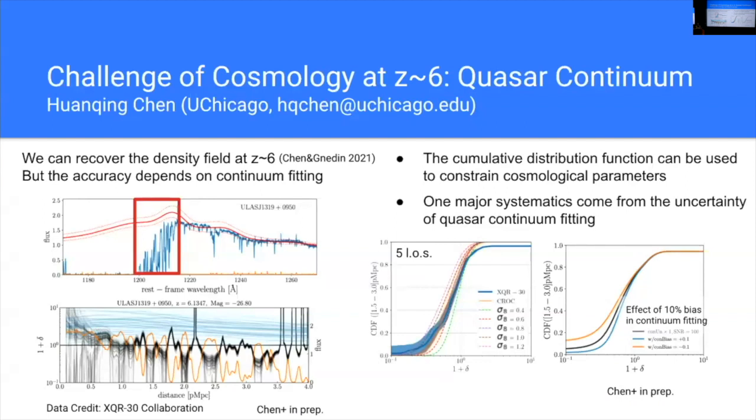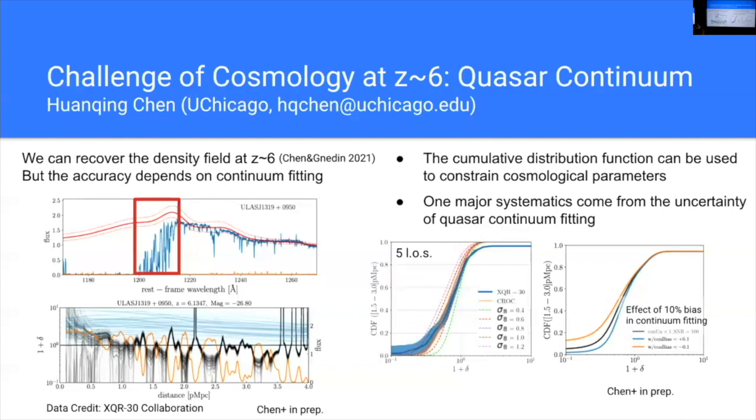And with this method, we also want to apply it to observational data. So me and our collaboration, the XQR30 team, is actively working on applying this method to a set of new high-resolution reionization epoch quasar spectra.